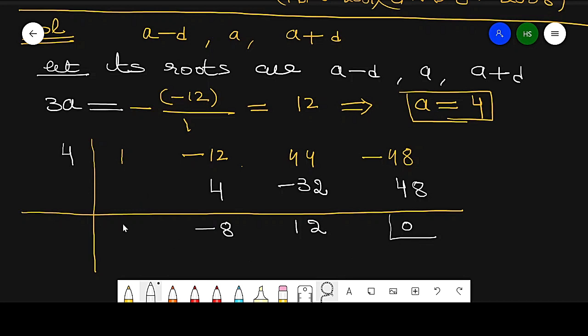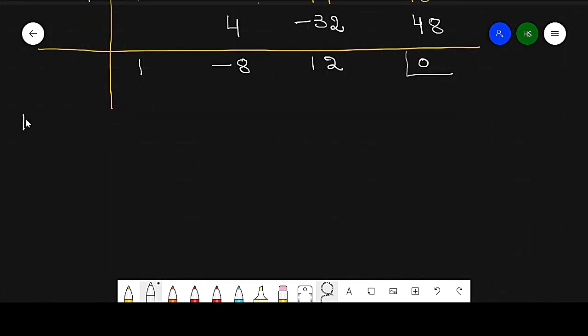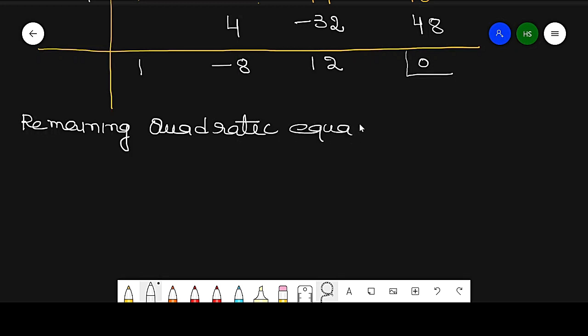So the remaining quadratic equation is x square minus 8x plus 12 equal to 0. This is the coefficient of x square, this is the coefficient of x, this is the constant term.